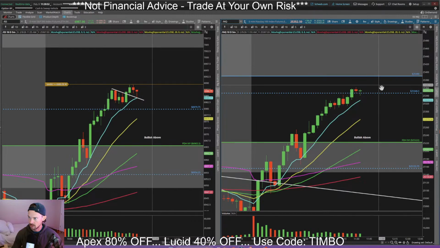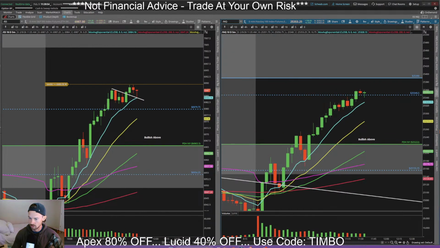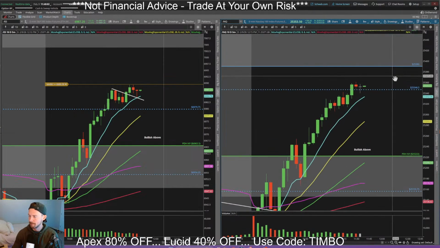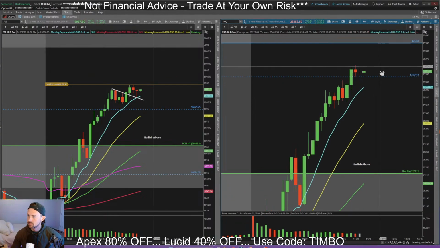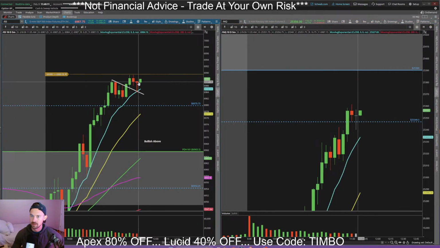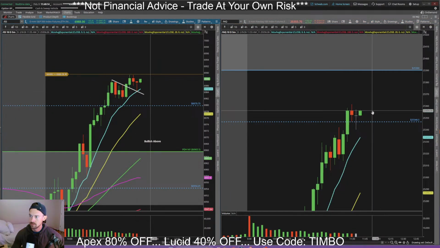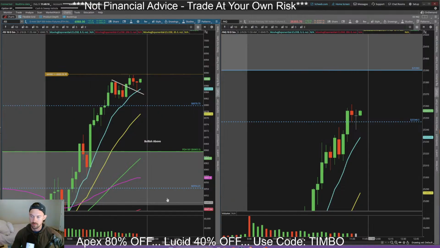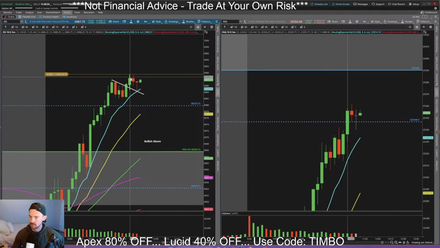It might just go up to new highs, or it could chop more. But overall, still bullish. Kind of like an indecision candle there on the 5 minute on NQ. A little bit of a hammer here on ES. But again, we're slowing down here. Like we barely made the new highs there.